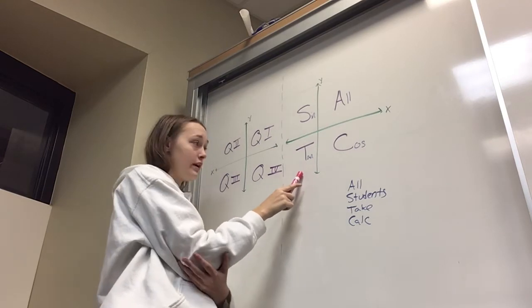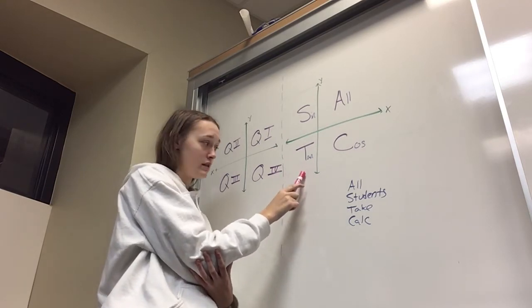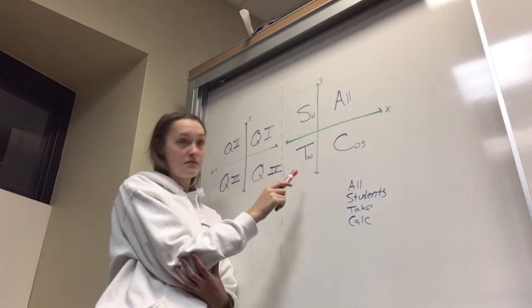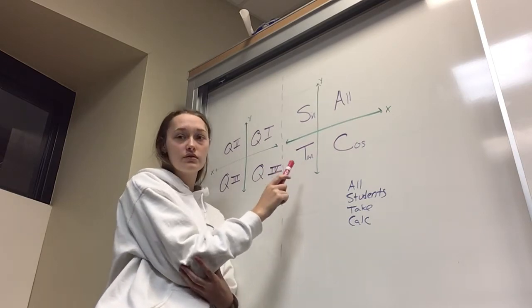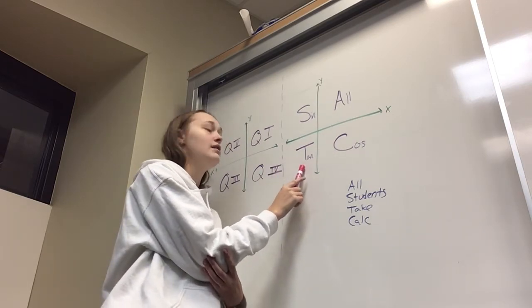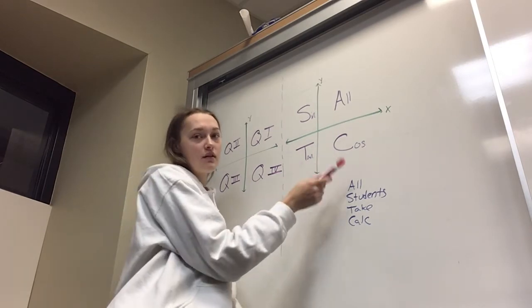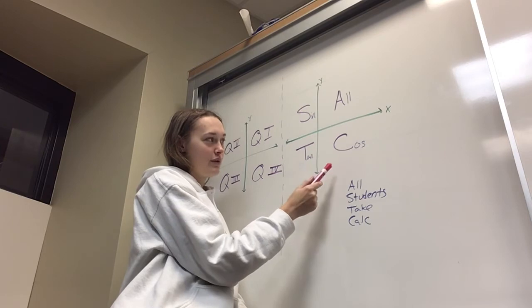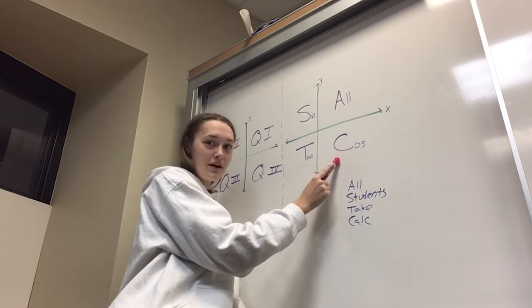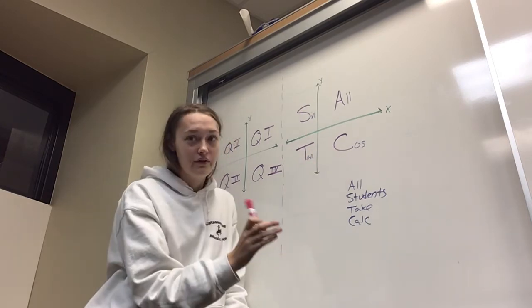In quadrant 3, tangent is positive and cotangent is positive. So sine or cosine by themselves would be negative, but tangent would be positive. And in quadrant 4, same thing. Cosine or secant would be positive and everything else would be negative in that quarter.